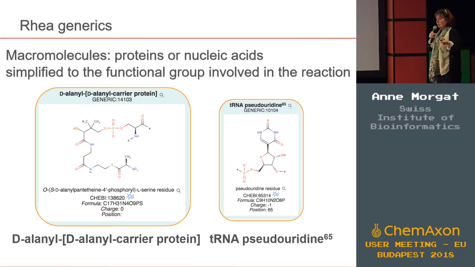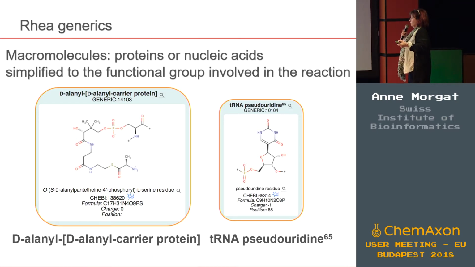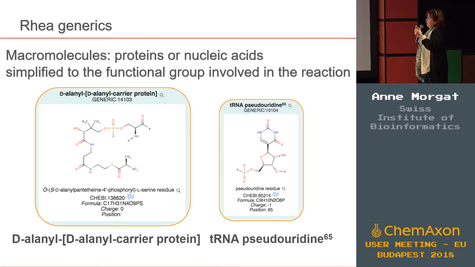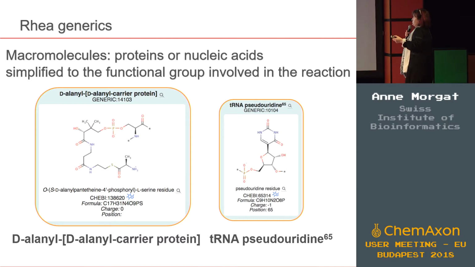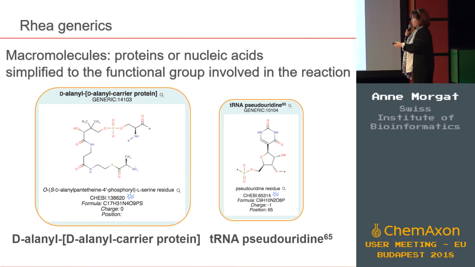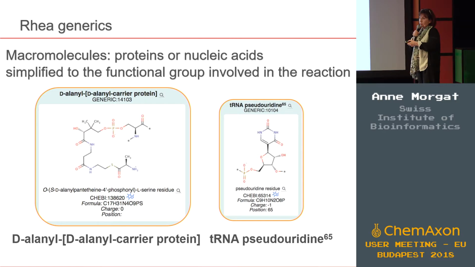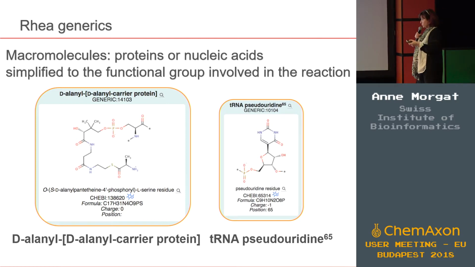It does not cover this kind of macromolecule. So we simplify the macromolecule by representing only the functional group involved in the reaction. This functional group is a KB entity, and we completely forget the rest of the macromolecule.